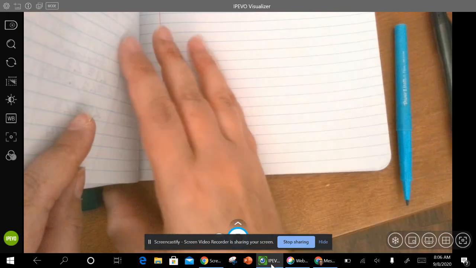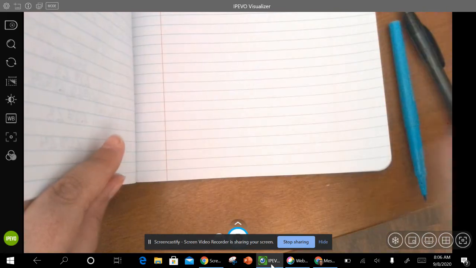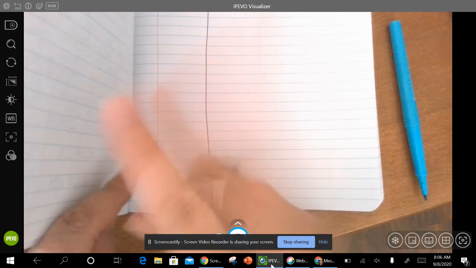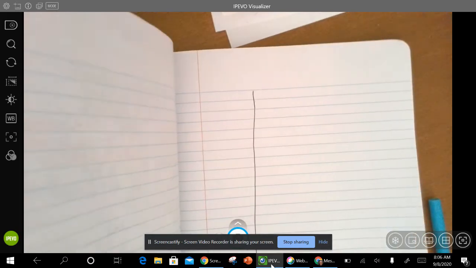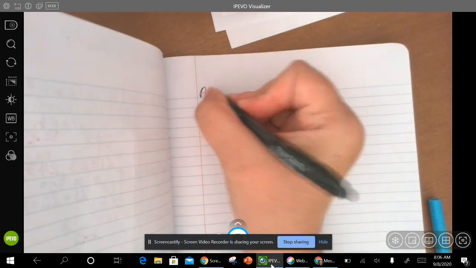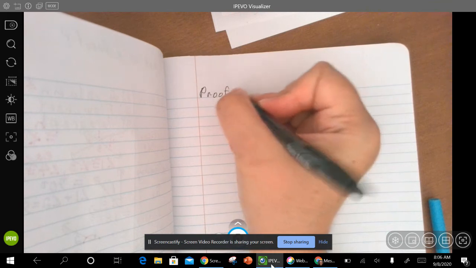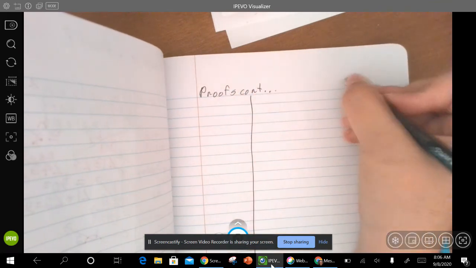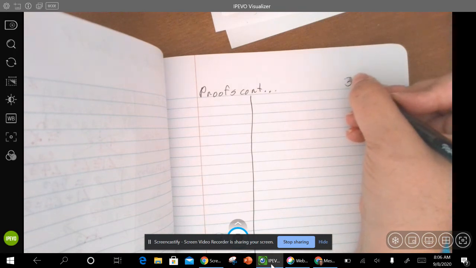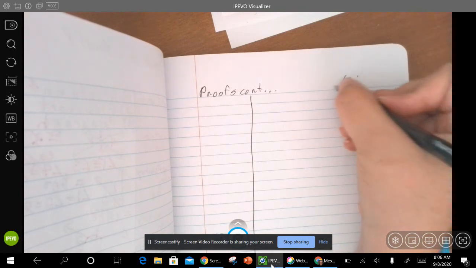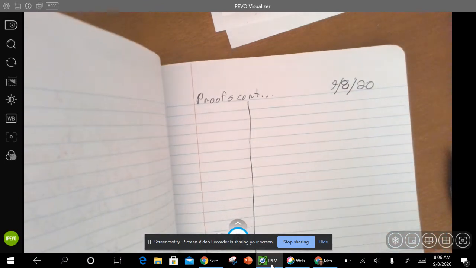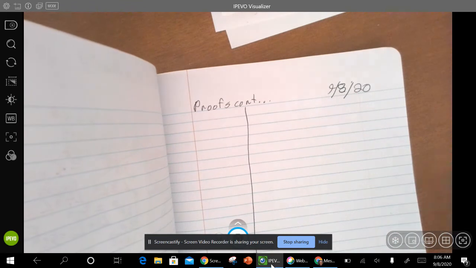Okay, so we're going to do one using segment addition. We're still working with proofs. Okay, so we're going to do our diagram.